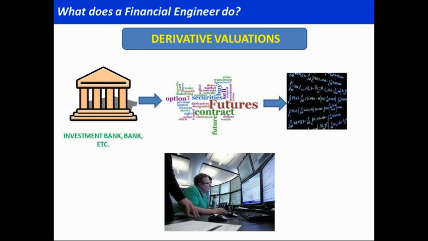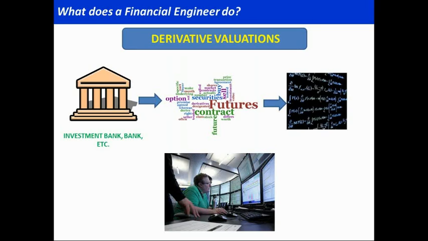Now it can be between two banks, it can be between a bank and an investment company, or the trade can be between a bank and a corporation. Now these instruments, these financial assets the bank has traded in, are in its portfolio, or the investment company has in its portfolio.